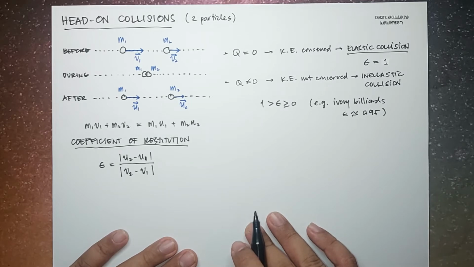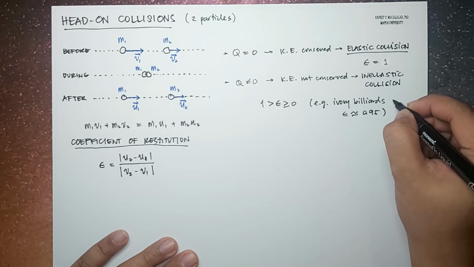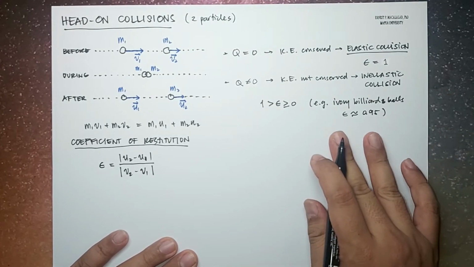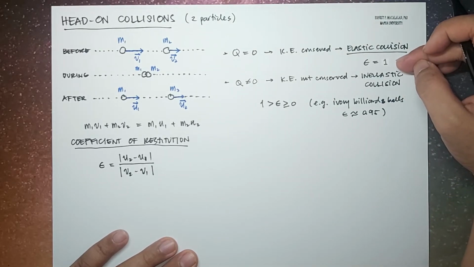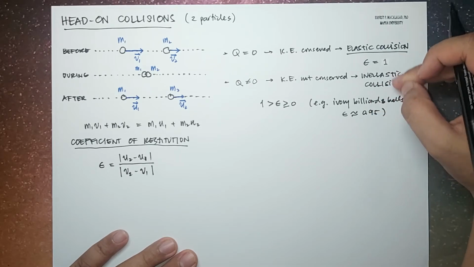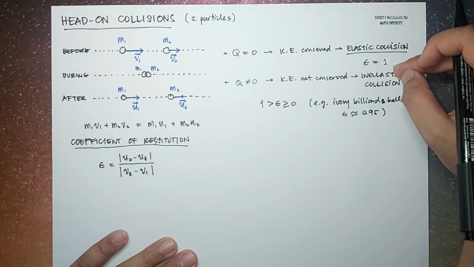So, as I mentioned before, if you have ivory billiard balls, the coefficient of restitution is about 0.95. So that's very close to 1. So if we have a head-on collision between billiard balls, the kinetic energy is almost conserved.